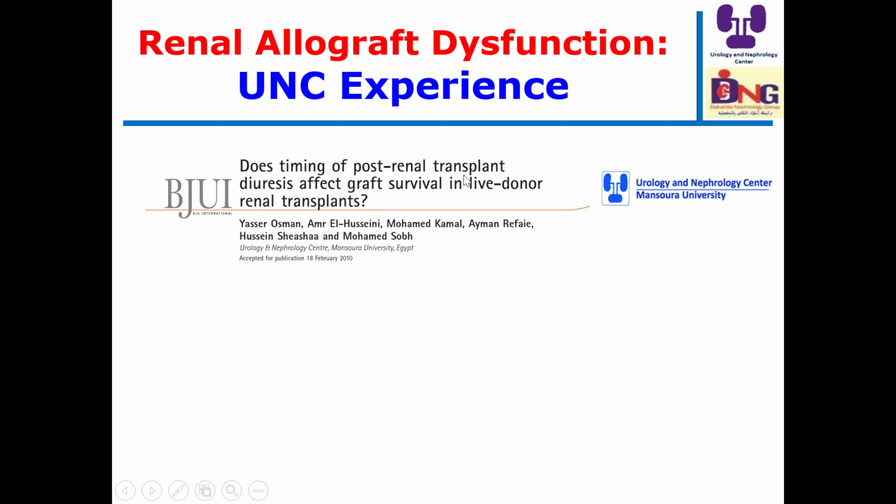The timing of post-transplant diuresis affects graft survival in live donor renal transplants. In our cases, we expect immediate diuresis, and rarely find patients with delayed diuresis. So we categorized the patients into 4 groups: diuresis within 10 minutes, from 10 minutes to 1 hour, 1 hour to 24 hours, and after 24 hours of transplantation.